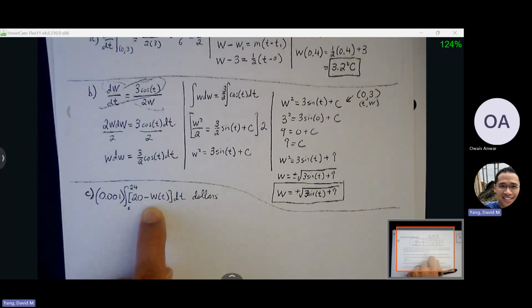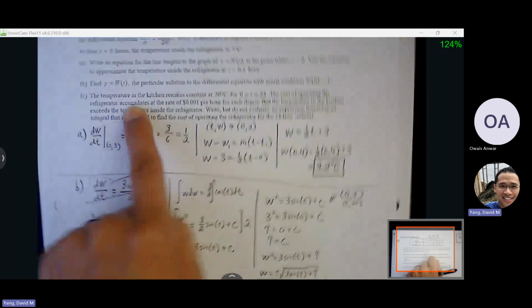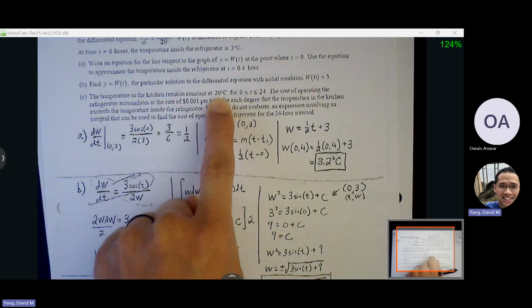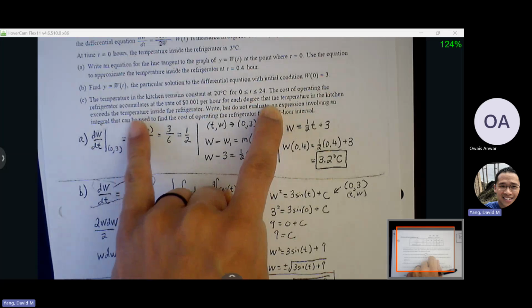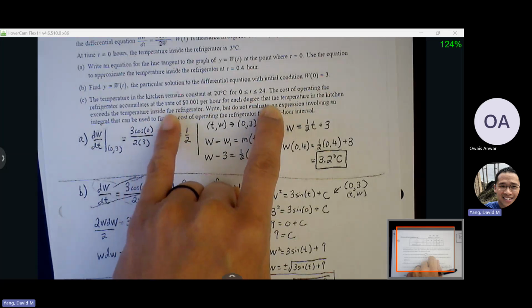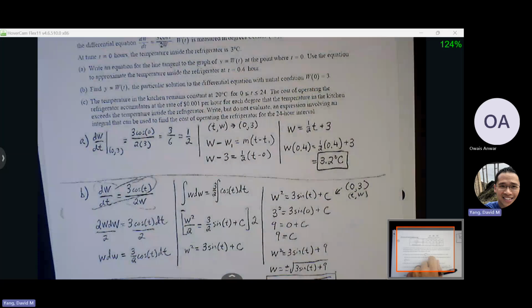The idea is that it says the temperature remains at a constant 20 degrees. The cost of operating the temperature accumulates for each degree that the temperature exceeds the temperature inside the fridge.